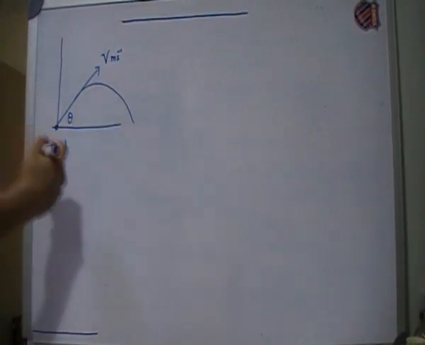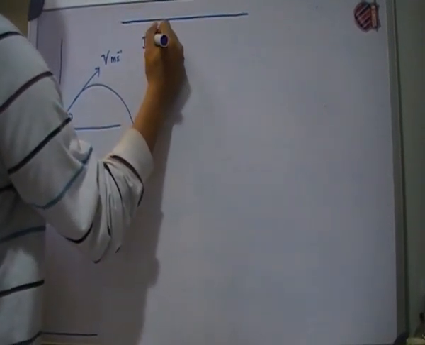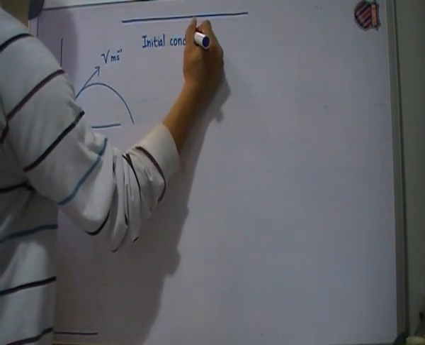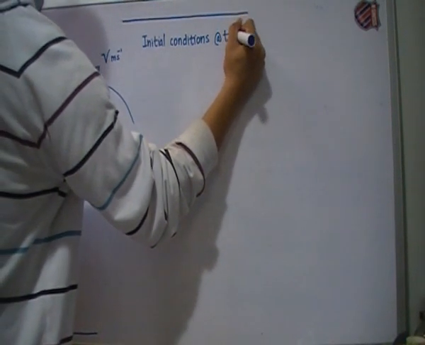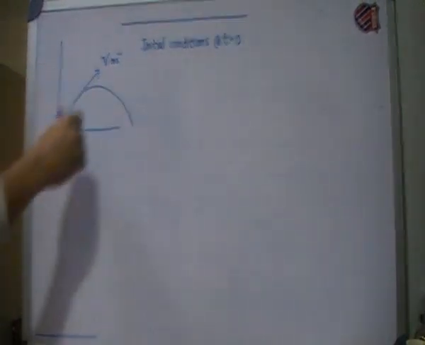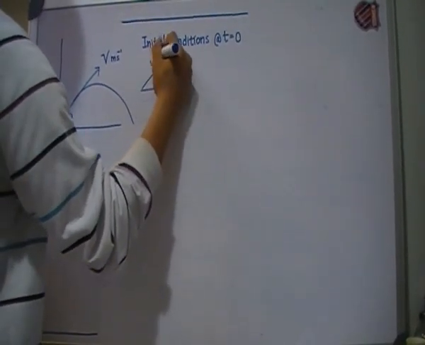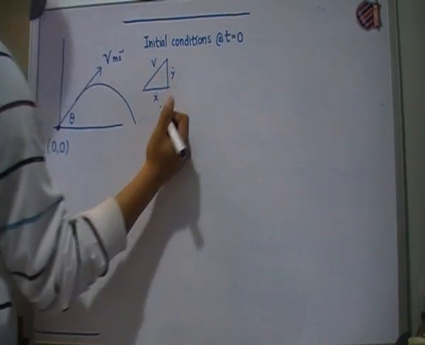Now from here we can get initial conditions, which you need in every question. That is, what happens at t equals 0. If you draw this part of the diagram out, you will get your v, your y velocity, and your x velocity.